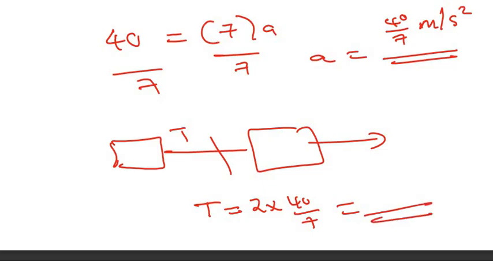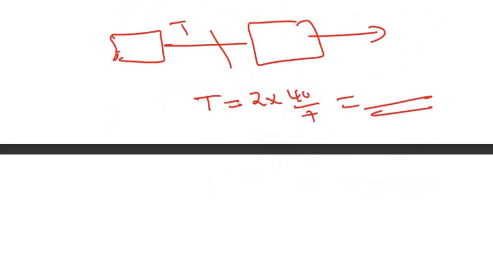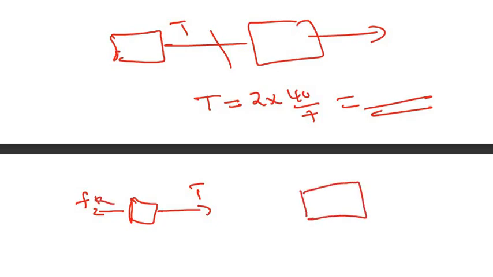So this is when there's no friction. But if there's friction, we'll cut it here and treat them separately, because now this one will have T and there will be friction. The friction of the smaller mass is not a lot as compared to the friction of the bigger one. And also there's the force which is causing it to move.